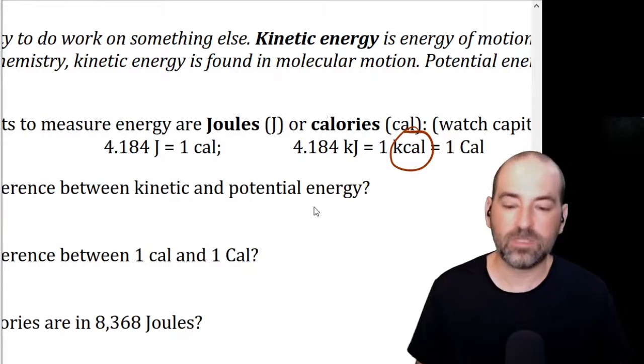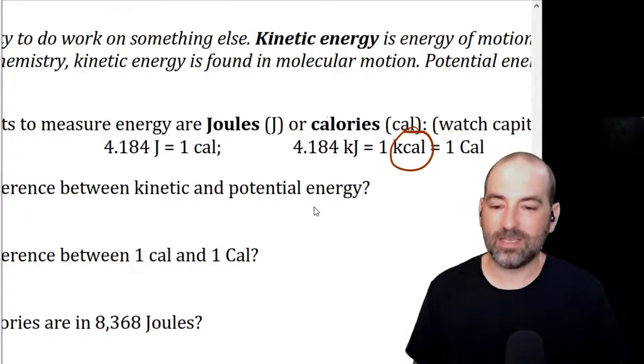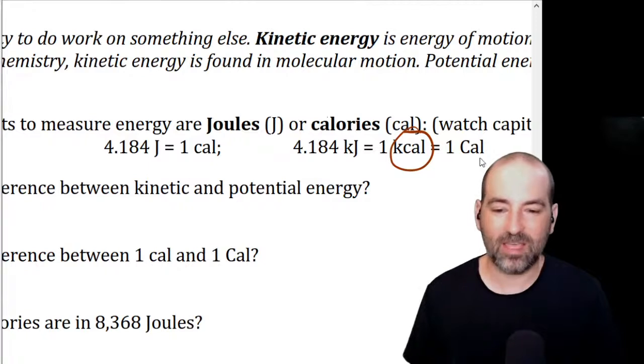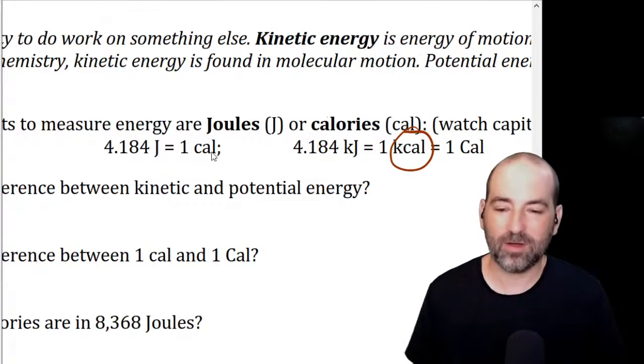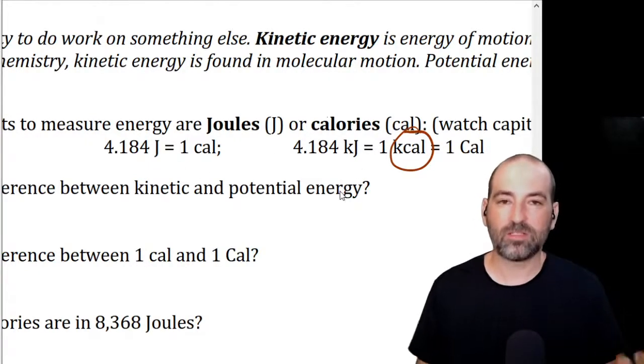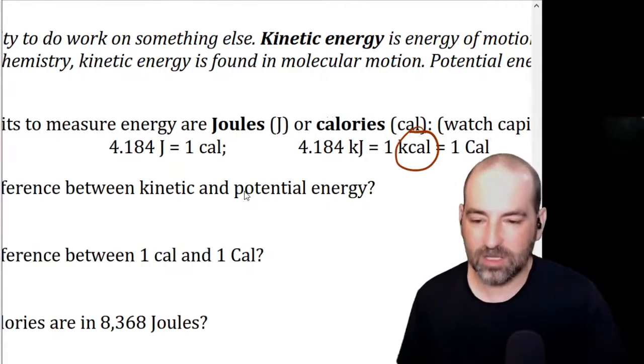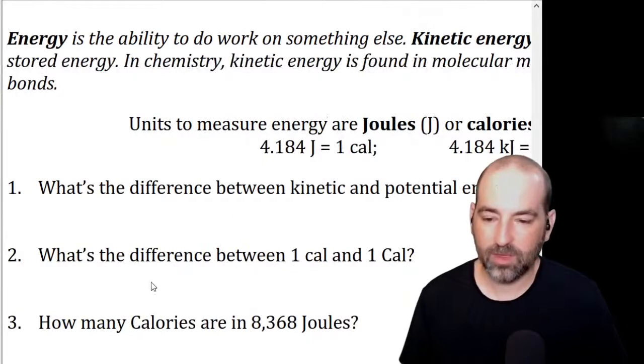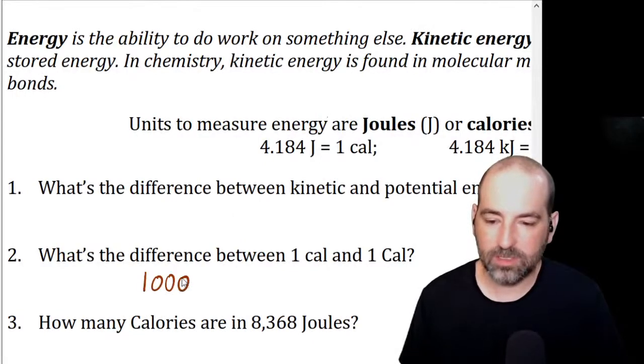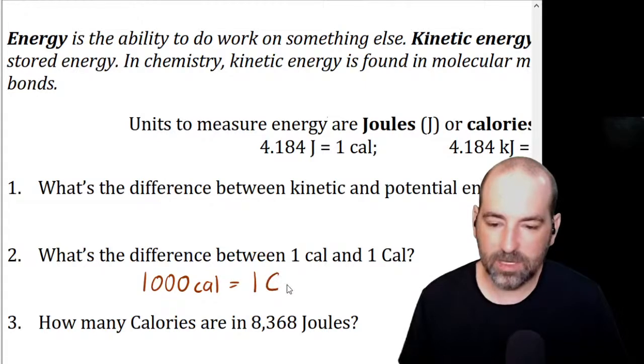That's especially confusing because C is a letter that basically looks the same if it's lowercase or uppercase. So if you make your C a little bit too big, all of a sudden you're off by 1,000. So there are 1,000 little c calories in one big C calorie.